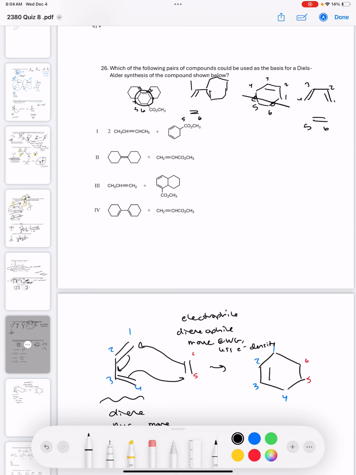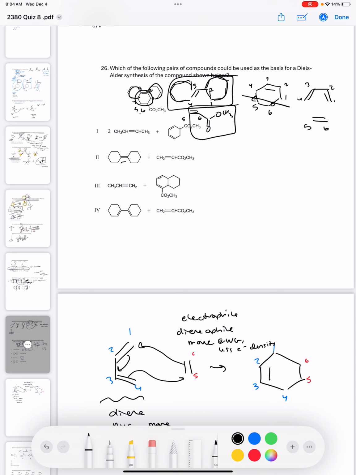This looks wonky, but 1, 2, 3, 4, 5. So see how 1 and 2 have this ring around it, 3 and 4 have this ring around it, and then 5 and 6 has this COOCH3. So I'm looking for a structure that looks like this and a structure that looks like this.